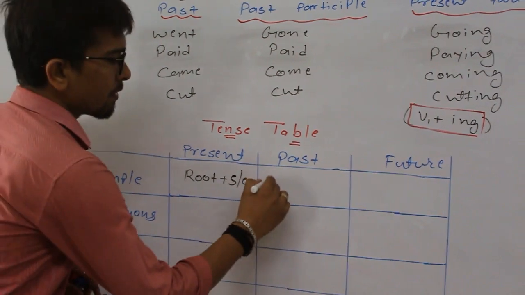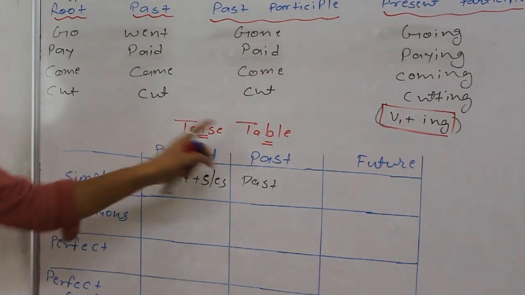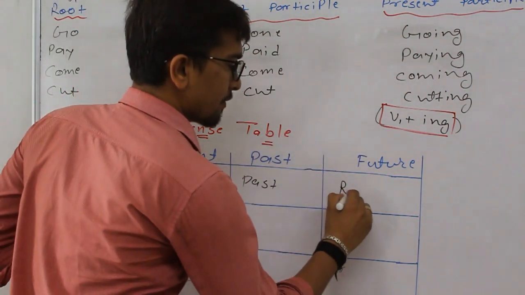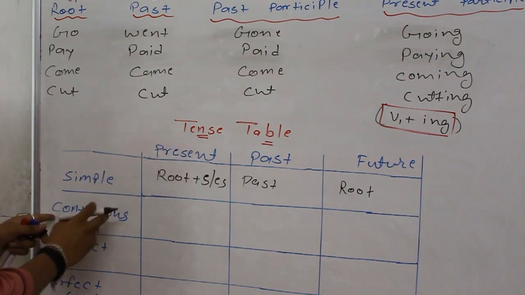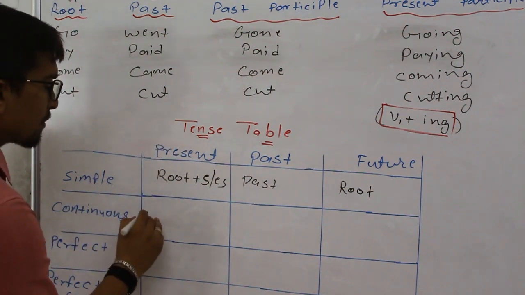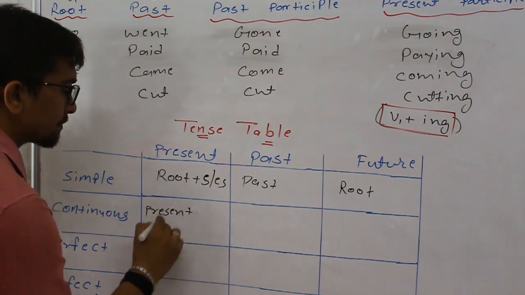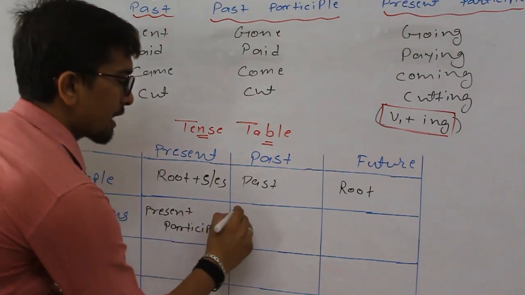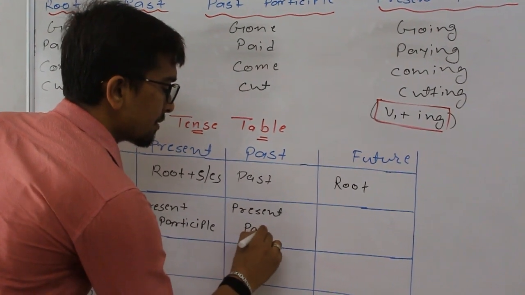In the simple past tense, we use the past form of the verb. In the simple future tense, we always use the root form of the verb. In present continuous, we will always use present participle. Again, in past continuous, present participle, there is no change.